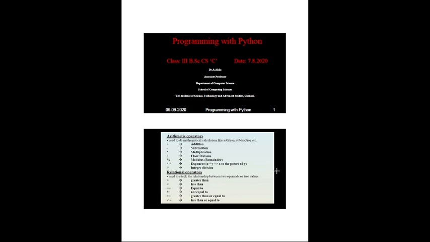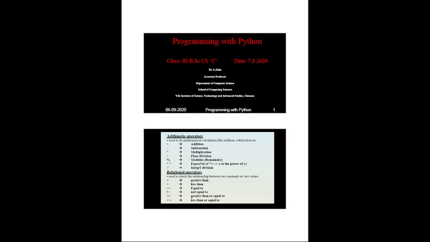For example, when I give 5/3, with a single slash, I'll be getting a value which has an integer part and a decimal part, like 1 point something. So it will be giving us a decimal value. But when I use the double slash, I'm going to get only the integer part. That is, if I give 5//3, I'll be getting 1. So that is the difference between slash and double slash.